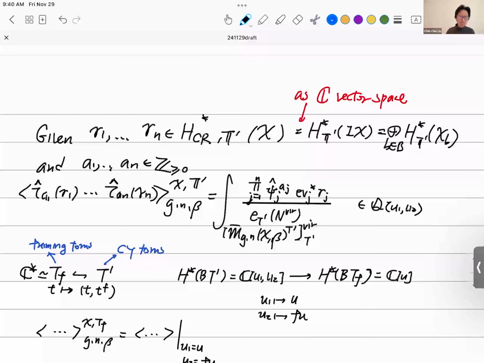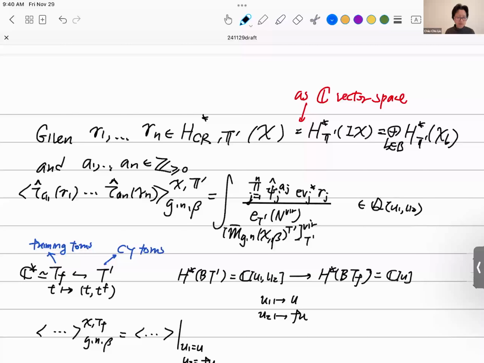Later we will see that we will sometimes even specify to a one-dimensional subtorus called the framing torus. This framing torus is actually determined as follows.